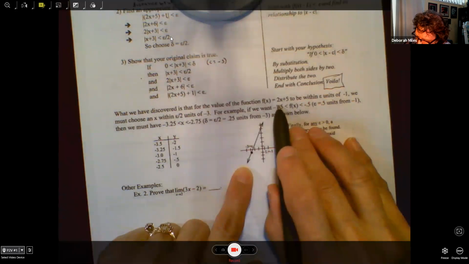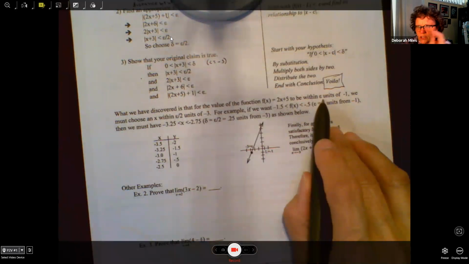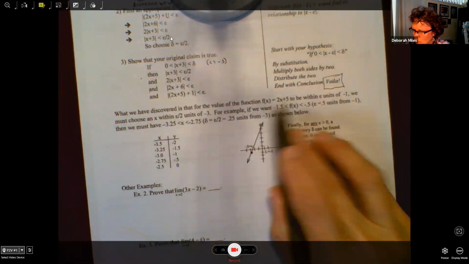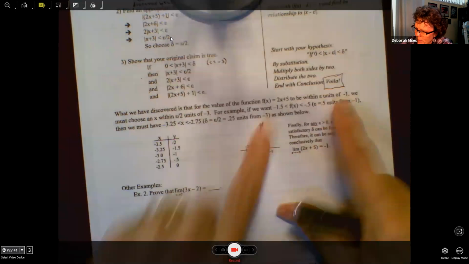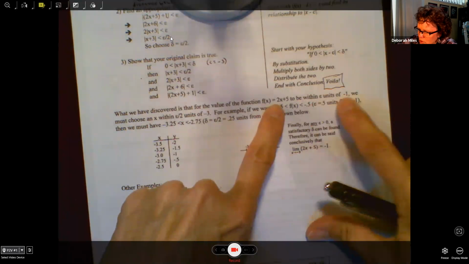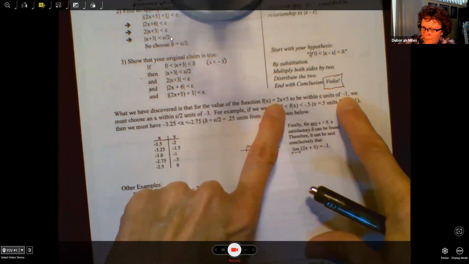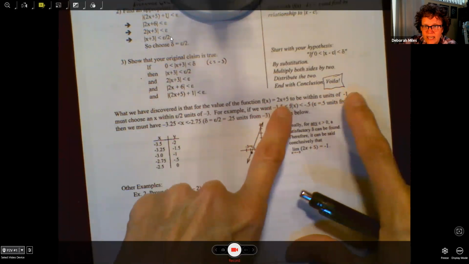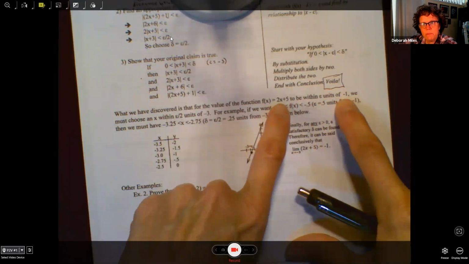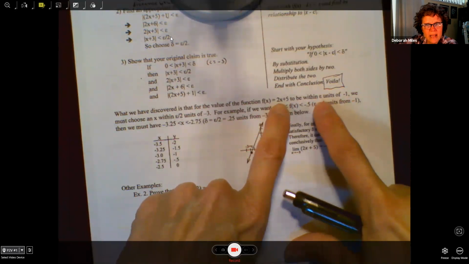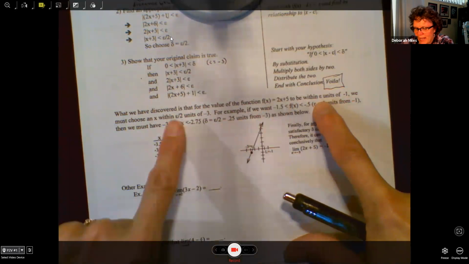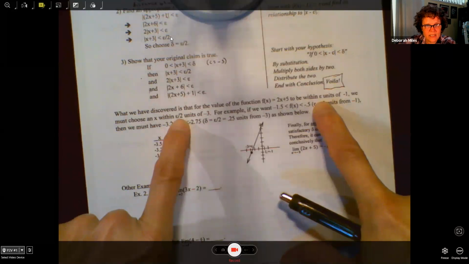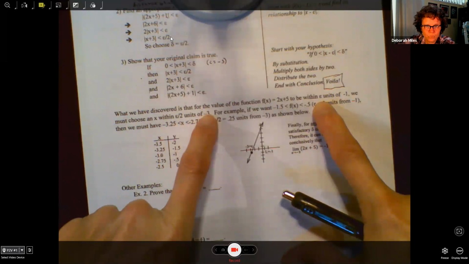And we have found that to be within some tiny amount of that function value to -1. If we want the distance between f of x and -1 to be less than some tiny amount, then we have to be within half of that distance of -3.